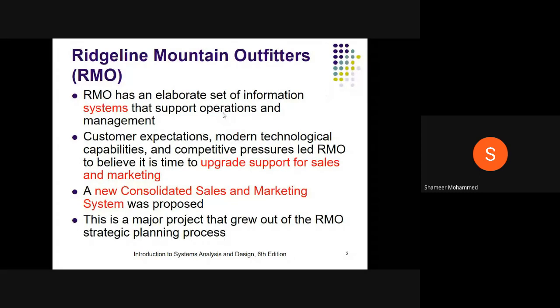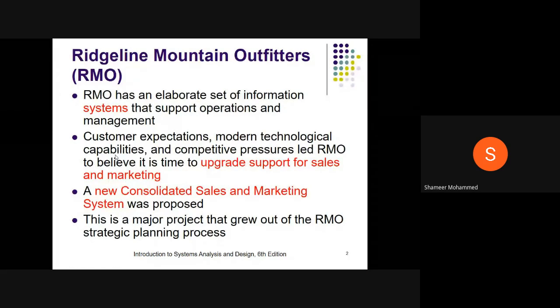Like this, they have already existing systems, but they want to update those systems. So that is the case study. RMO has an elaborate set of information systems which support the operations. Now, customer expectation: what the customer needs, what he or she wants. They want to use some modern technological capabilities, a website. They want a latest technology website or application.